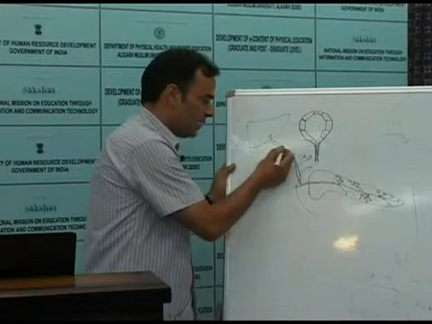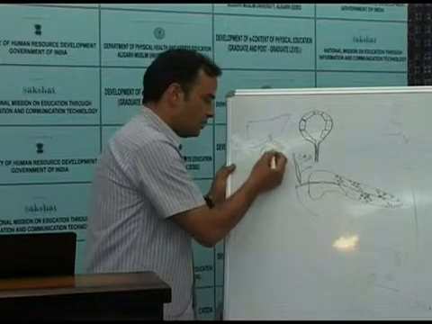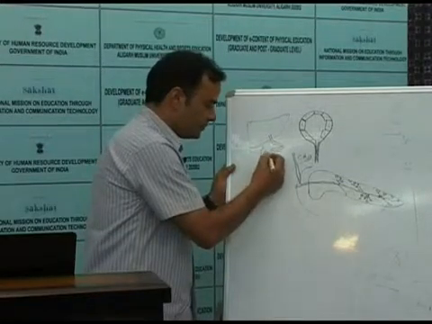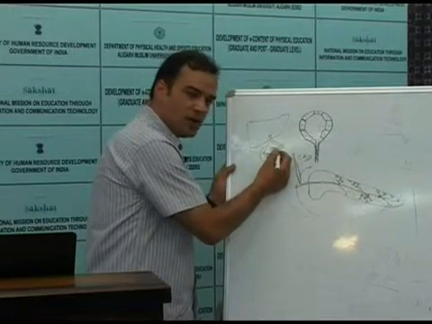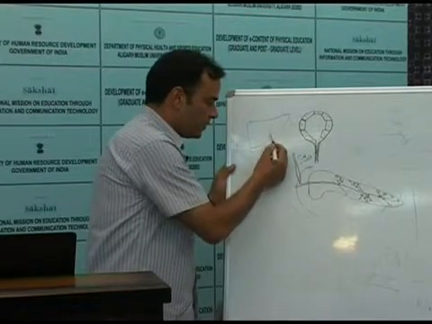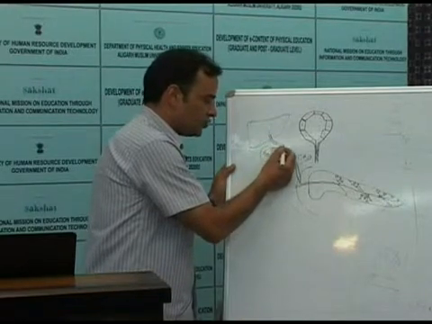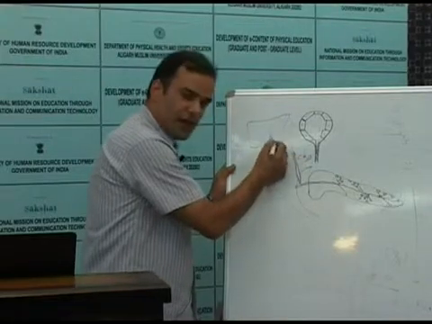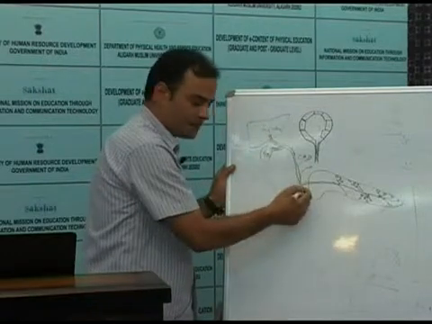The secretions of the bile duct are collected into a small bag-like structure called gallbladder. The duct joining the gallbladder is called as cystic duct. So, the hepatic duct coming from the liver and the cystic duct join to form the common bile duct, which carries the bile from the liver into the duodenum.